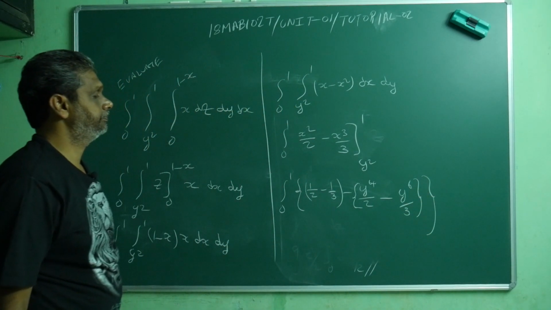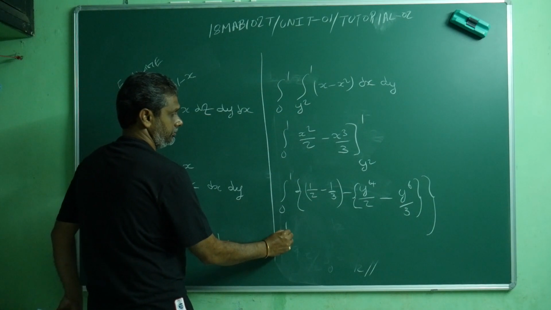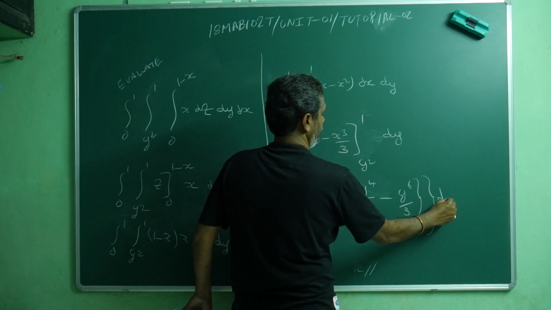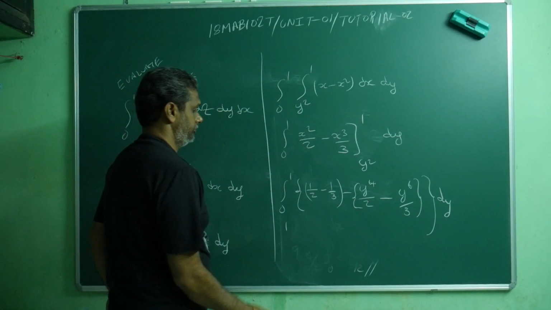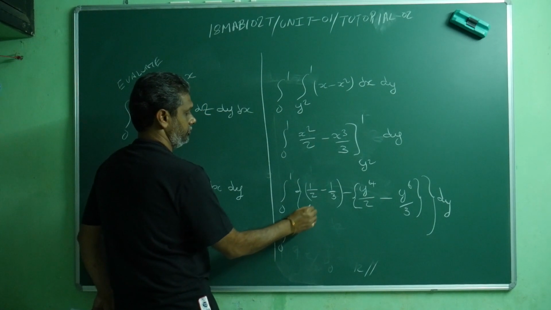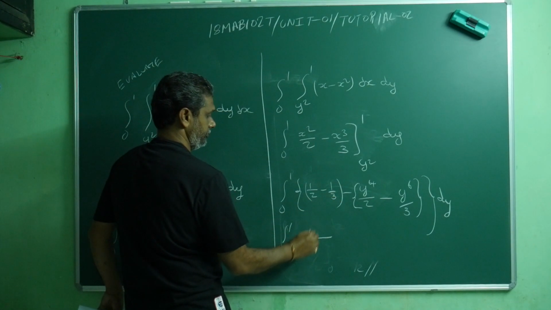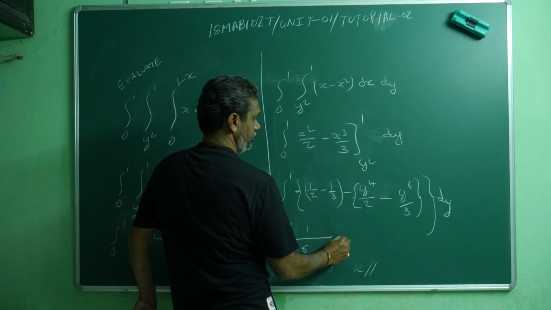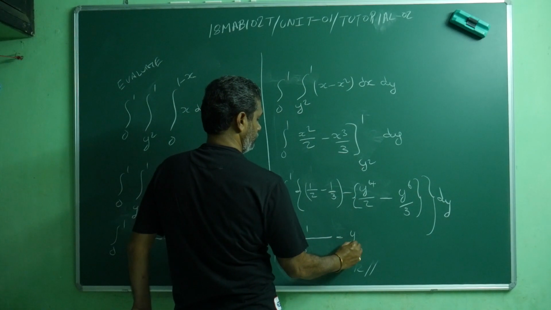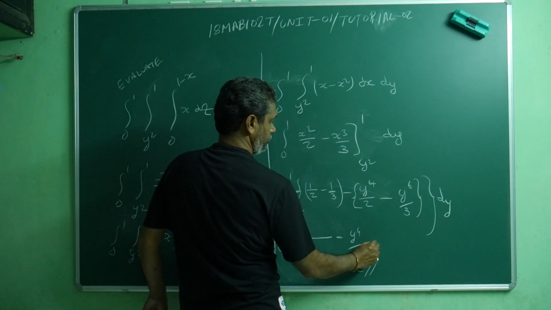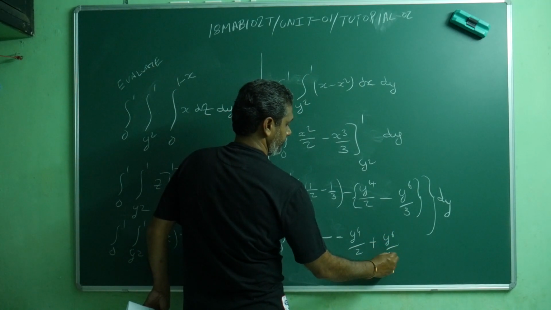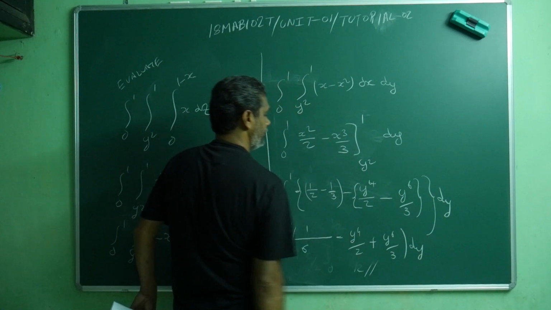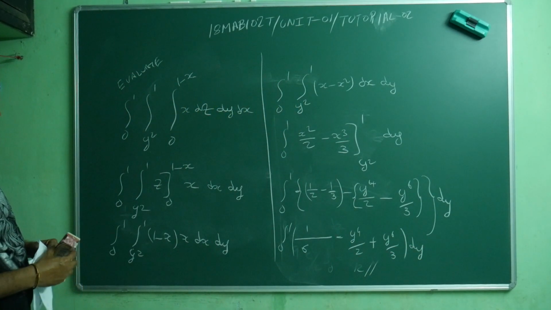Any problem? Now if you simplify, 2, 3 LCM is 6: 3 minus 2 is 1, so 1 by 6 minus y power 4 by 2 plus y power 6 by 3, dy. Again integrate.